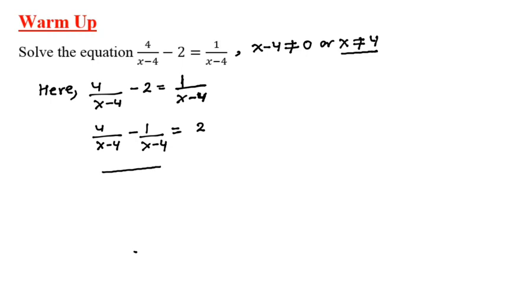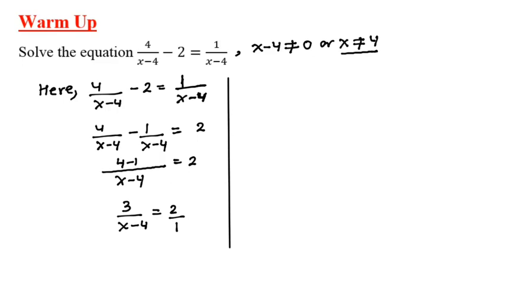So on the left hand side, the denominator is x minus 4, and the numerator has 4 minus 1, because we have a common denominator of x minus 4. 4 minus 1, that is 3, divided by x minus 4 equal to 2, and we can consider 2 as 2/1. The reason I'm writing this as 2 over 1 is because we have two fractions equal, so we can solve this using cross multiplication.